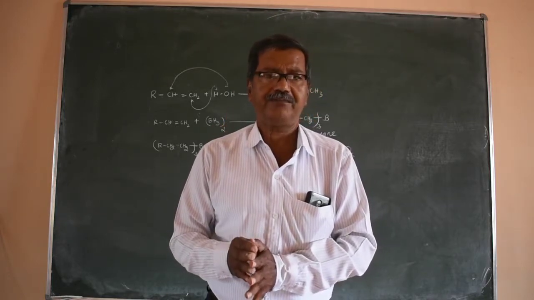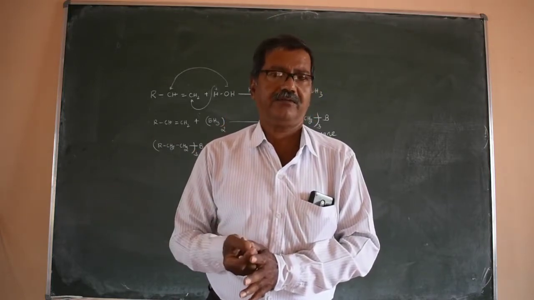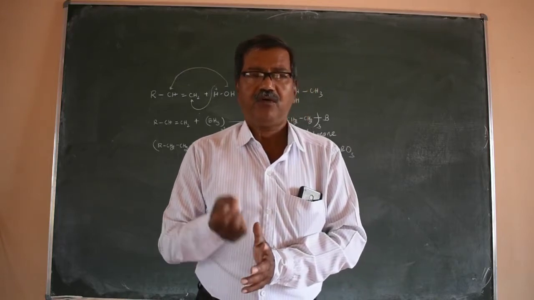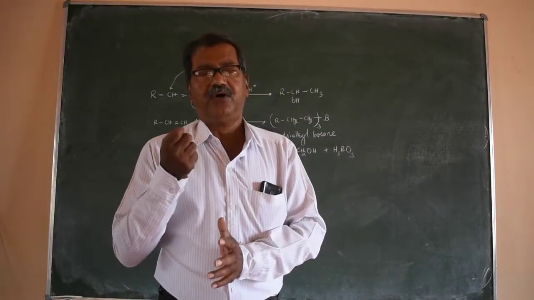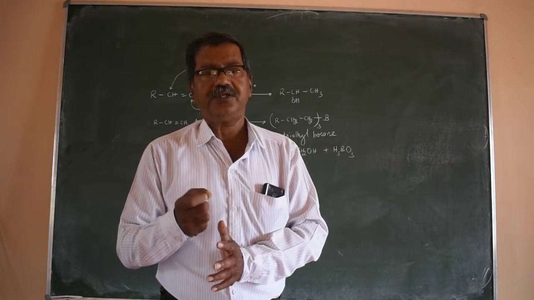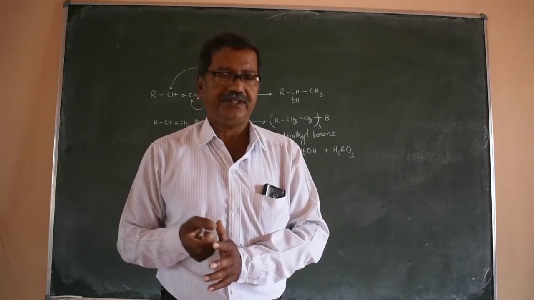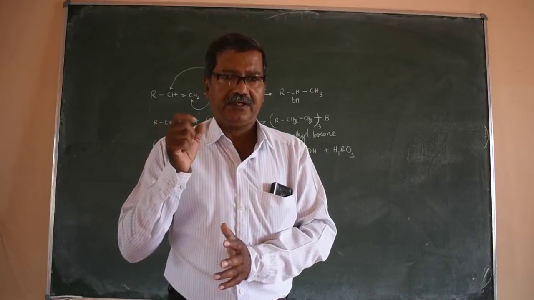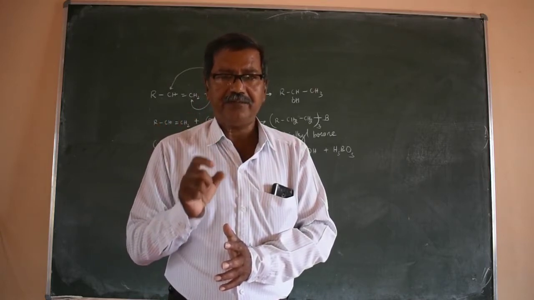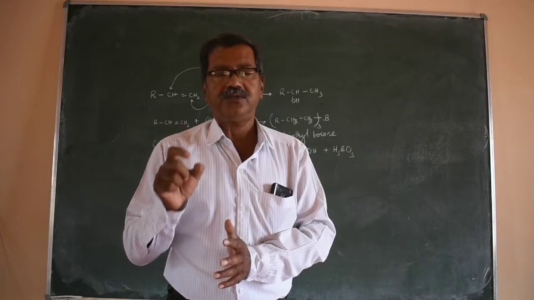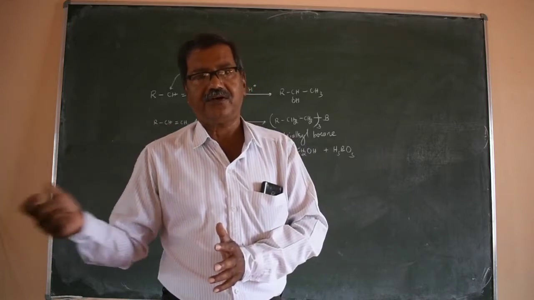Yesterday I explained how to get the primary alcohol from the Grignard reagent. Only formaldehyde gives the primary alcohol by using Grignard reagent, and aldehyde other than formaldehyde gives secondary alcohol.